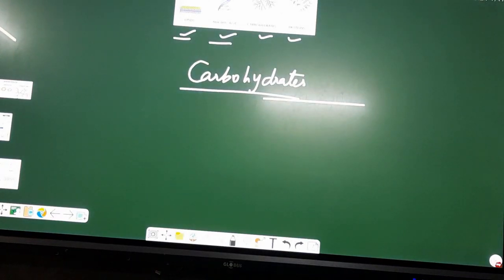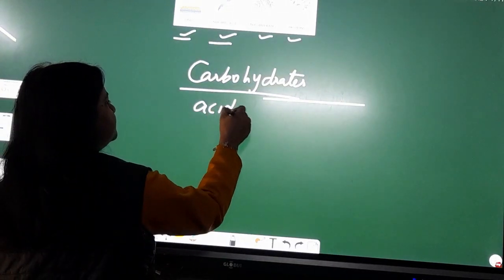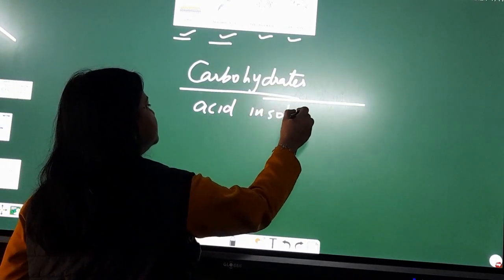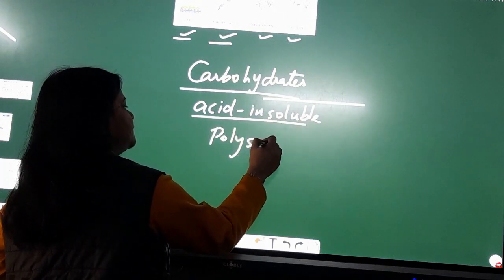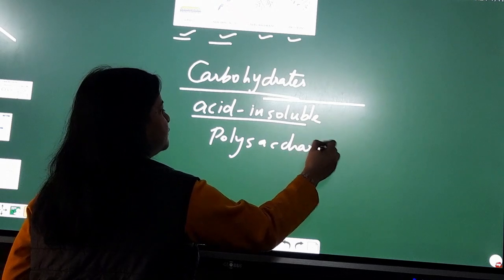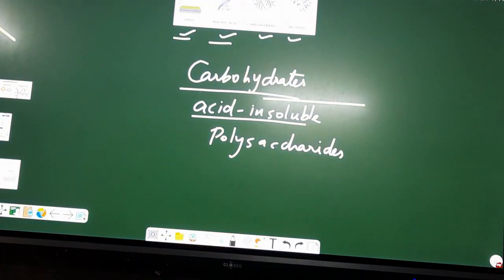Carbohydrates are also called polysaccharides. Poly means many and saccharides means sugar units.